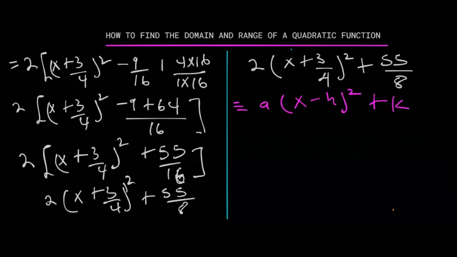And so when we compare this with the general form of the vertex, we see that our h is equal to minus 3 over 4 and our k is 55 over 8. For the range, what we are interested in is the k. And we know that our curve is going to have a minimum point because the coefficient of x squared was positive.